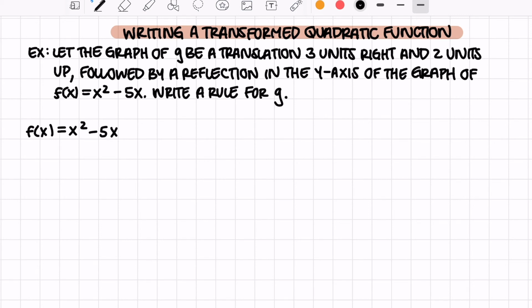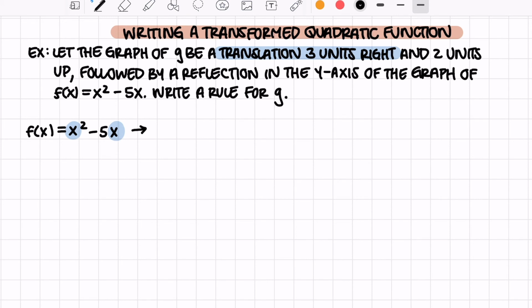So the first transformation tells us that we have a translation 3 units to the right. I want to do that first. Now, if you notice here, we don't only have one x value, we also have two x values. So because of that, I still need to do the same transformation to both.